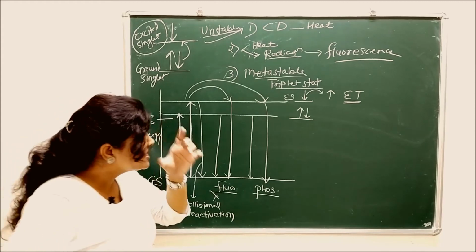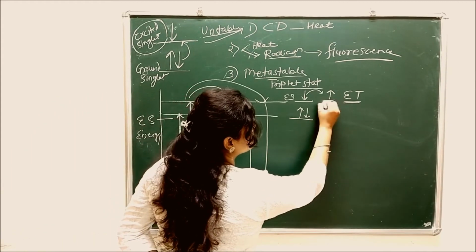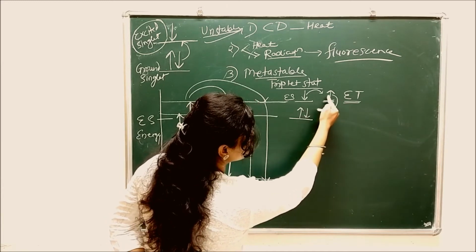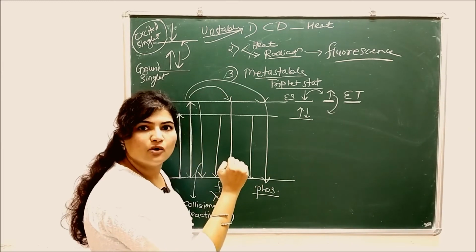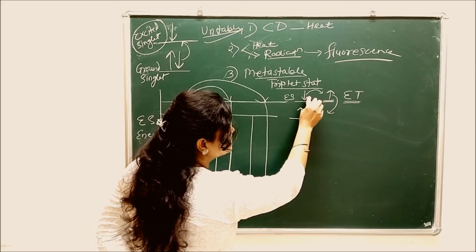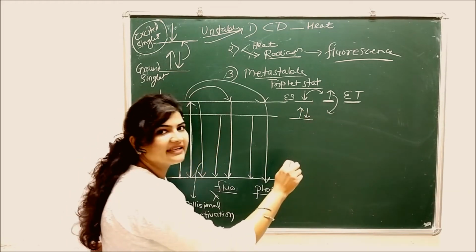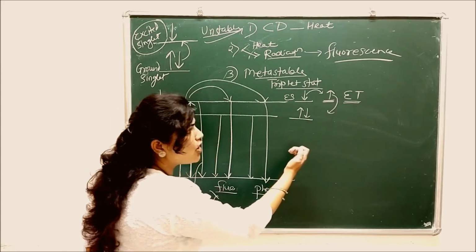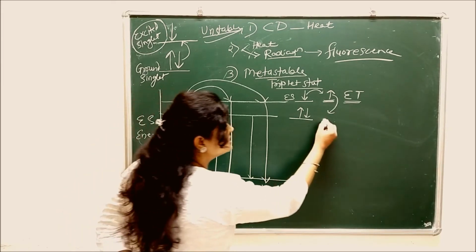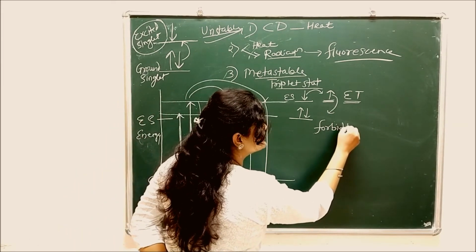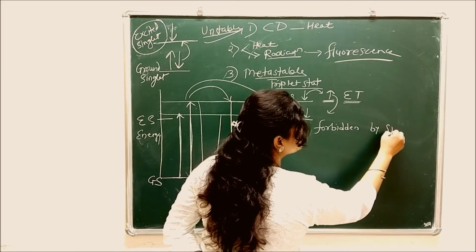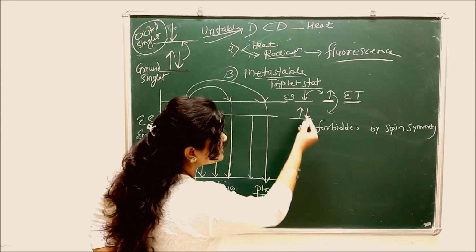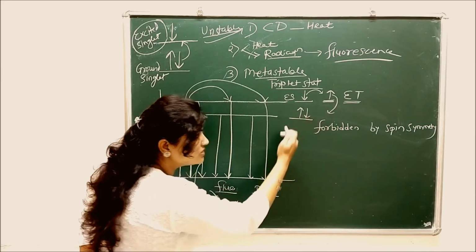Now as you can see, when the excited triplet electron has to come back, it has to shift its spin. It is not in an easy position to come back and get paired. So the coming back of that excited triplet electron is forbidden by spin symmetry, because it has to change the spin to come back.